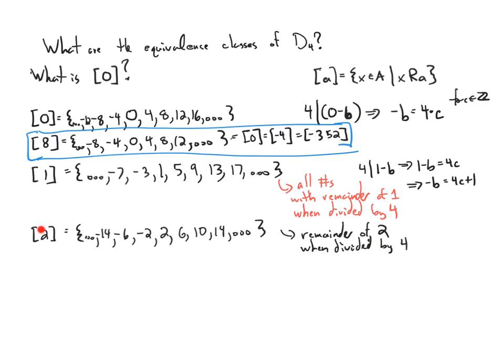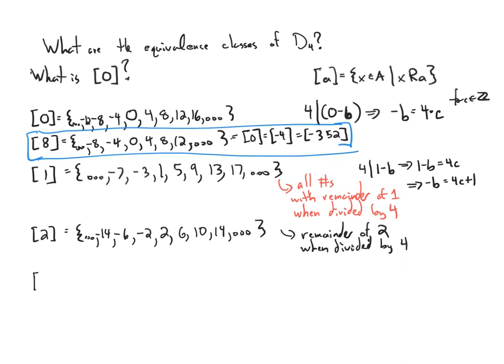And maybe you don't like 2 as your representative for your equivalence class. You could pick any of these guys. The equivalence class of 10 is the same thing as the equivalence class of 2, since by definition of the equivalence class, all of these elements are related to each other.